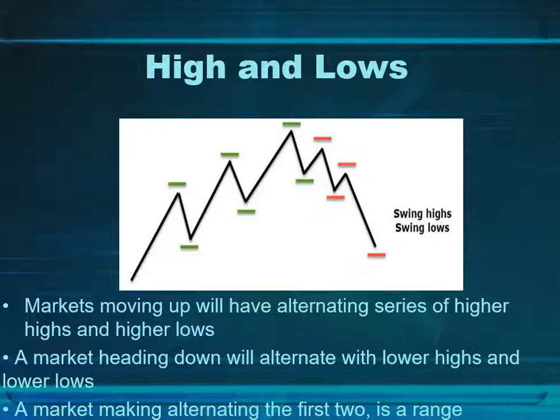Now another thing we need to know is highs and lows. When the market goes upward, we can see that the up volume increases, but when the market moves downward from here, it's called a swing.